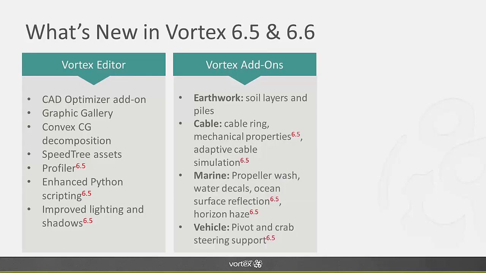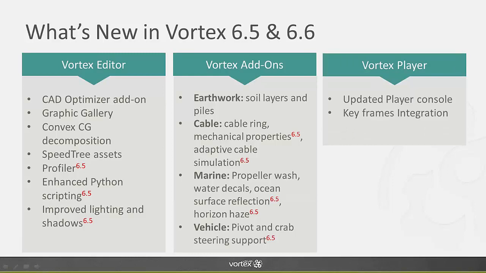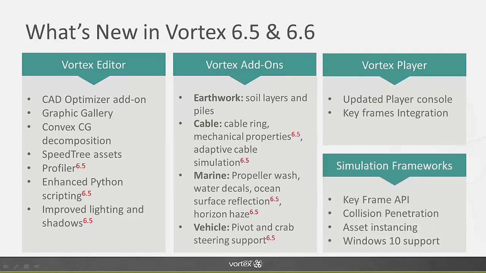Then we'll move on to Vortex add-on enhancements. Add-ons such as Earthworks, Cable, Marine, and Vehicle add-ons. We'll spend a bit of time talking about the Vortex Player application, and we'll finish with an overview of additions to the simulation frameworks, which are available through the Developer SDK.